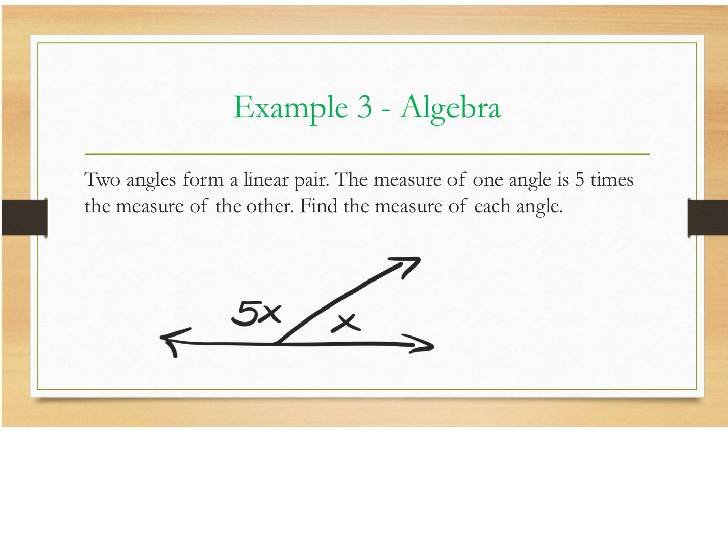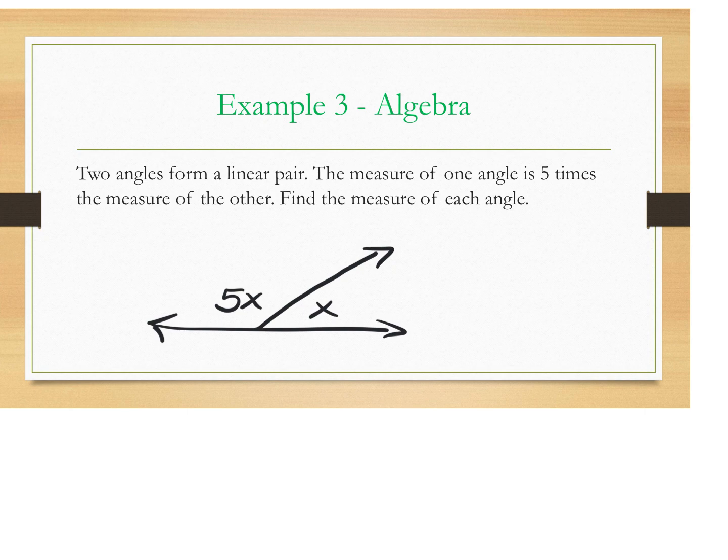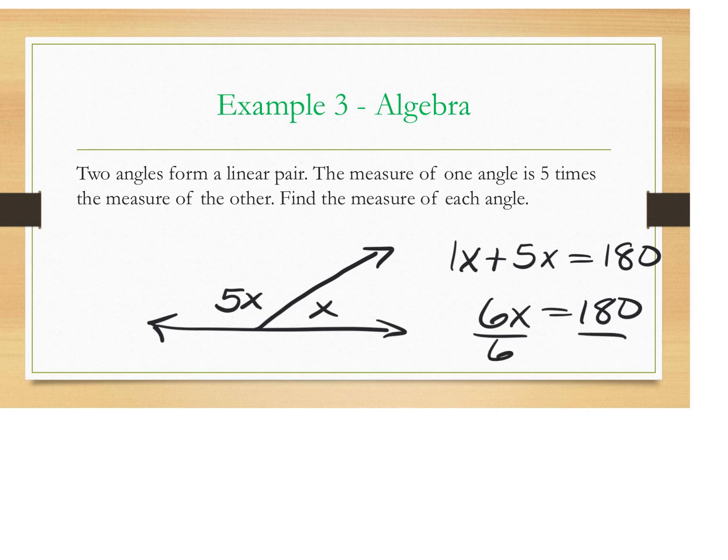So now, remember, a linear pair adds up to be 180. So now I'm going to add X plus 5X and set it equal to 180. I'm going to combine my like terms. So 1X plus 5X is 6X. Divide by 6.